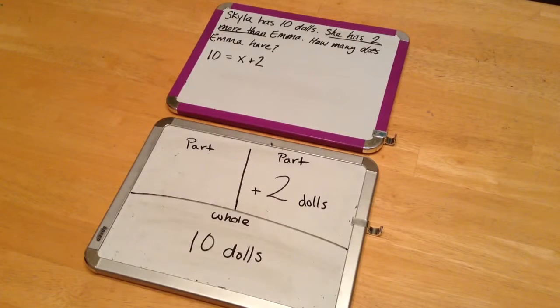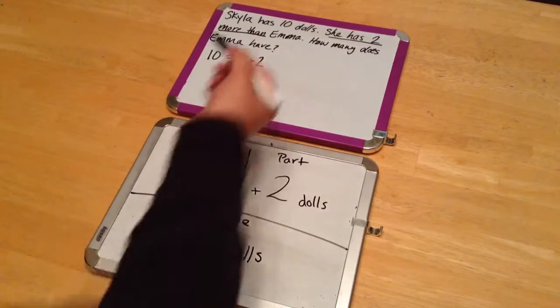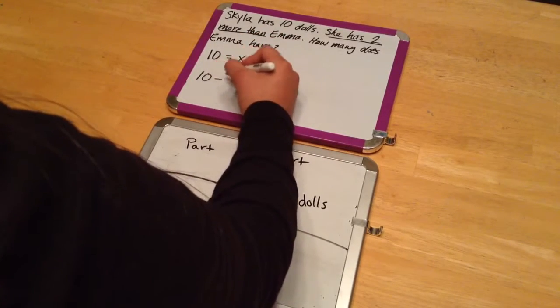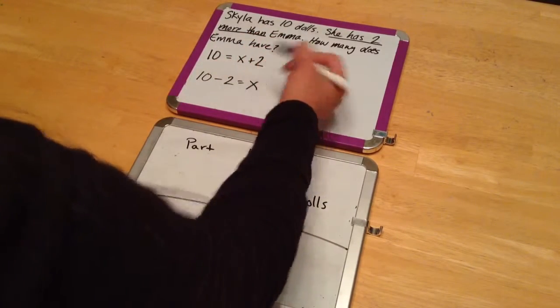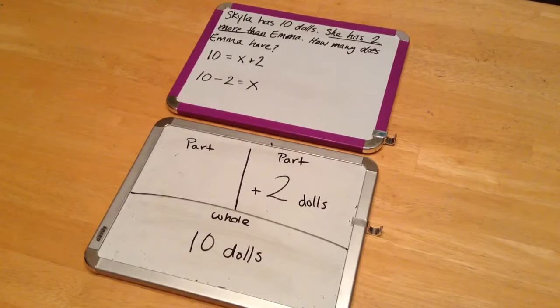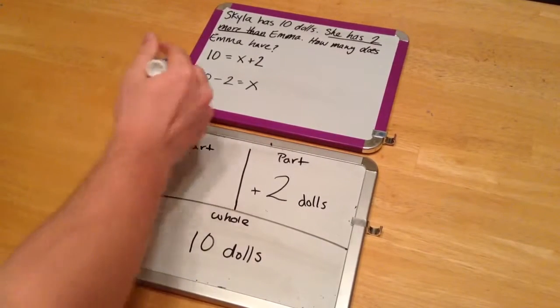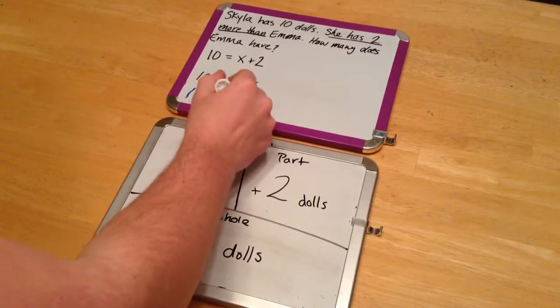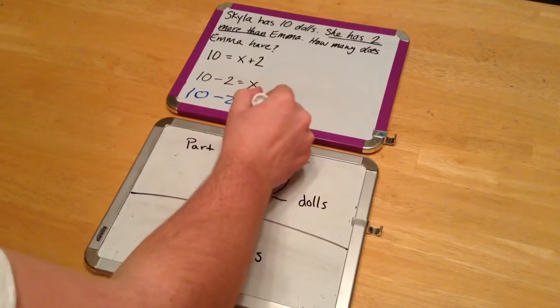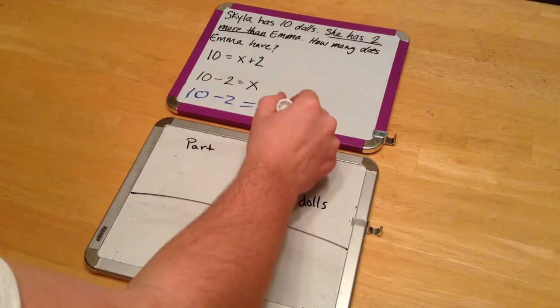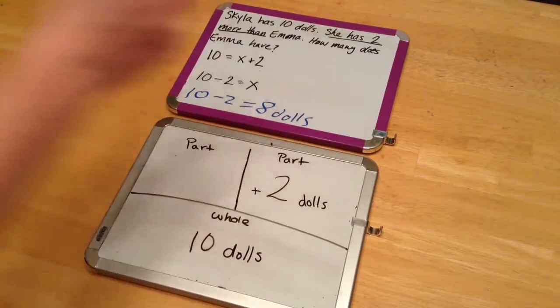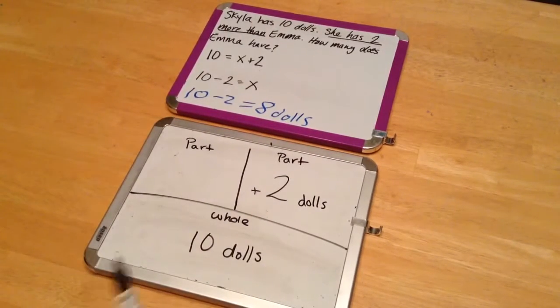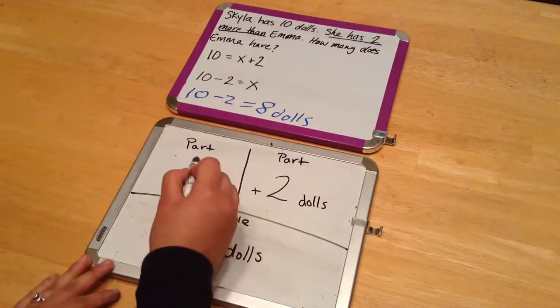Okay, so from there, you can change it up, right? And do 10 minus 2 is X. So can you figure that out for me? Yes, I can. 10 minus 2 equals 8 dolls. So Emma has 8.